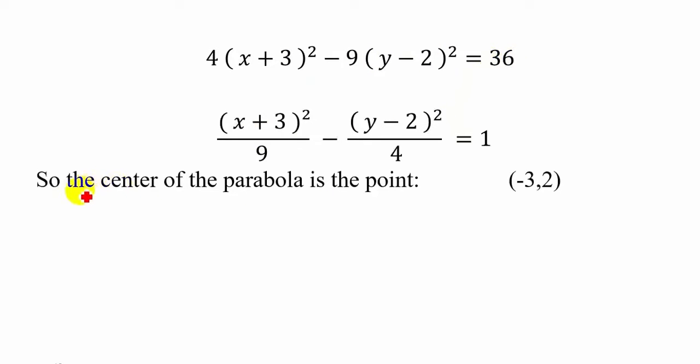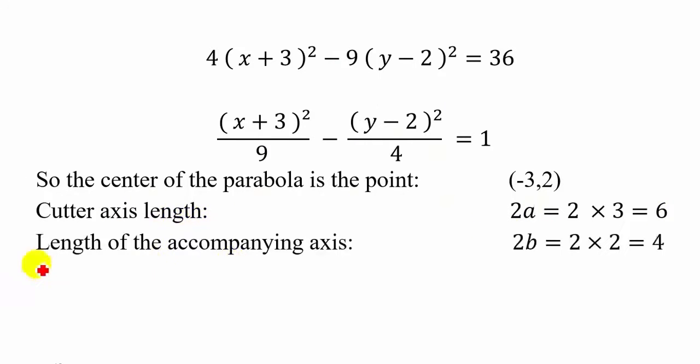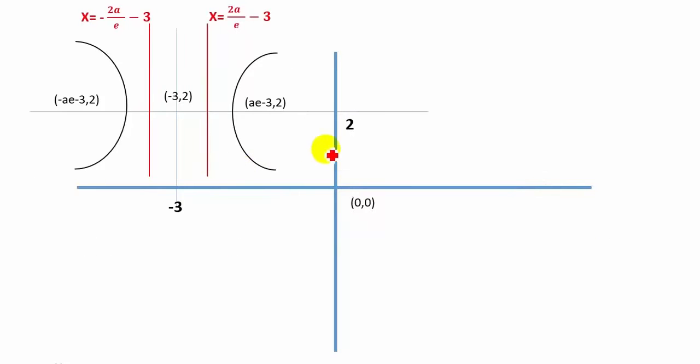So the center of the hyperbola is the point negative 3 and 2, and our transverse axis length will be 2a, it will be 6, and the conjugate axis length will be 4. See, that's what happened. I move that negative 3 and I move that 2 positive for y.